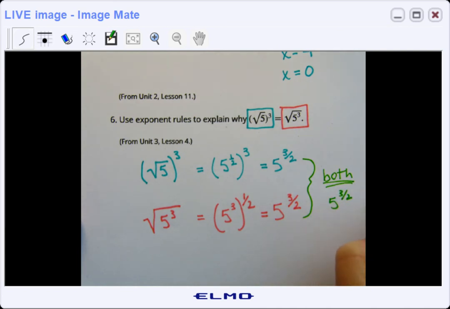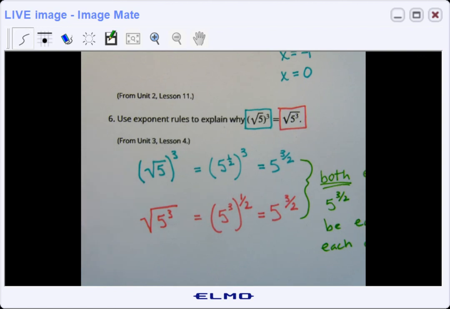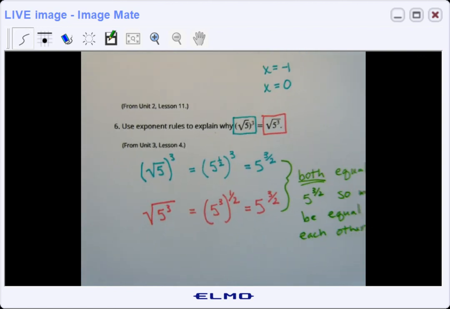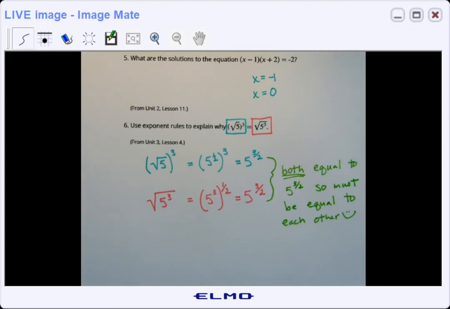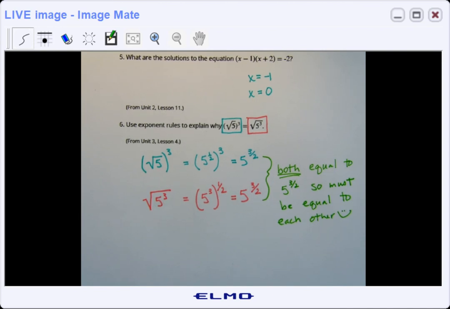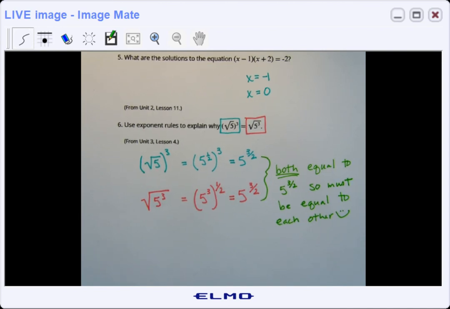So they must be equal to each other. Oops, that's outside the window. There we go. Okay, if they're both equal to 5 to the 3/2, they must then both be equal to each other. So again, that was the transitive property of equality that you learned in geometry last year.